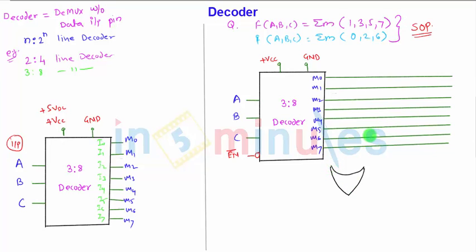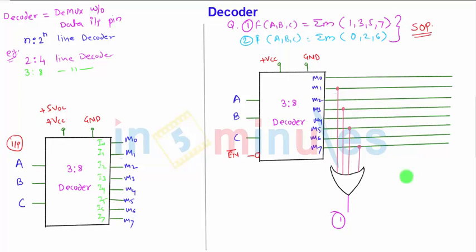To this OR gate, what I need are these 1, 3, 5, 7 points. So I will start from 1. This is the first line, I will take it directly to the OR gate, then 3, 5 and 7. So this is the first output function. I can say this is equation number 1 and this one is equation number 2.